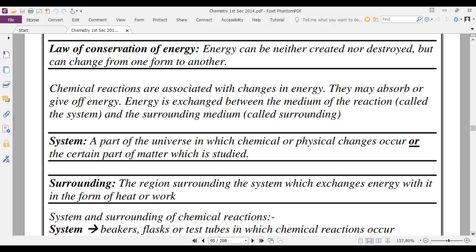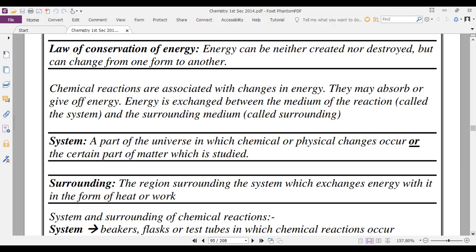Medium of reaction called what? System. While the surrounding medium called what? Surrounding. Right. So what's meant by system?